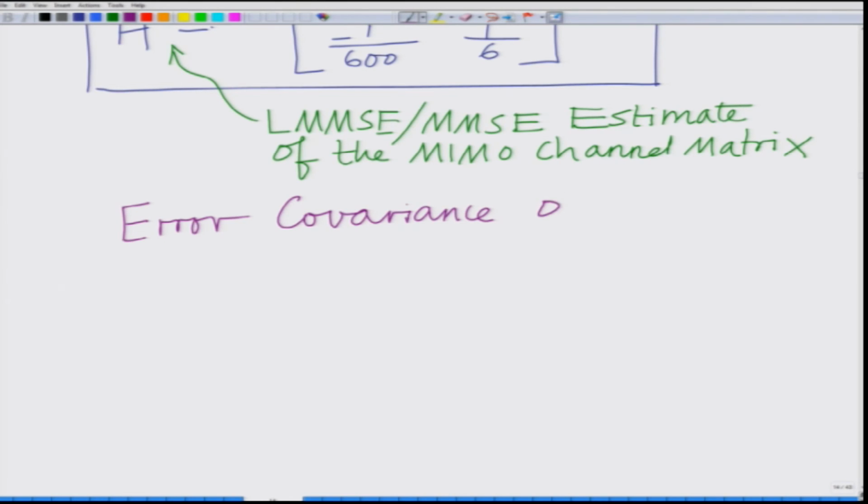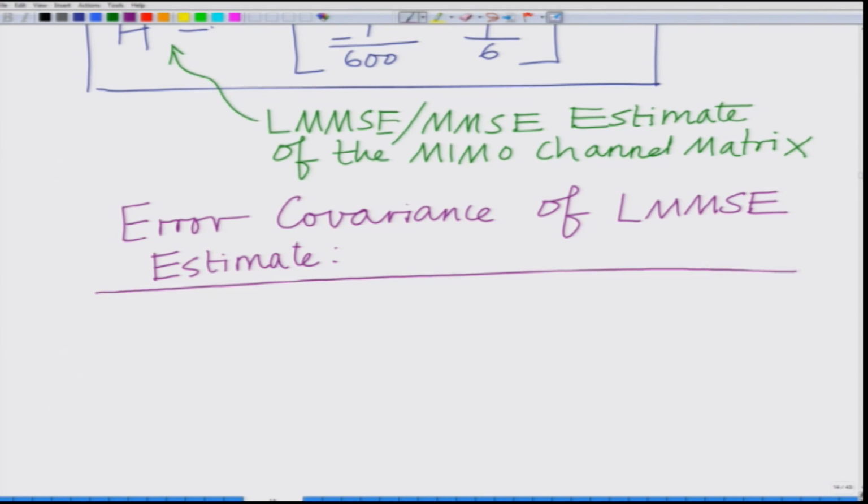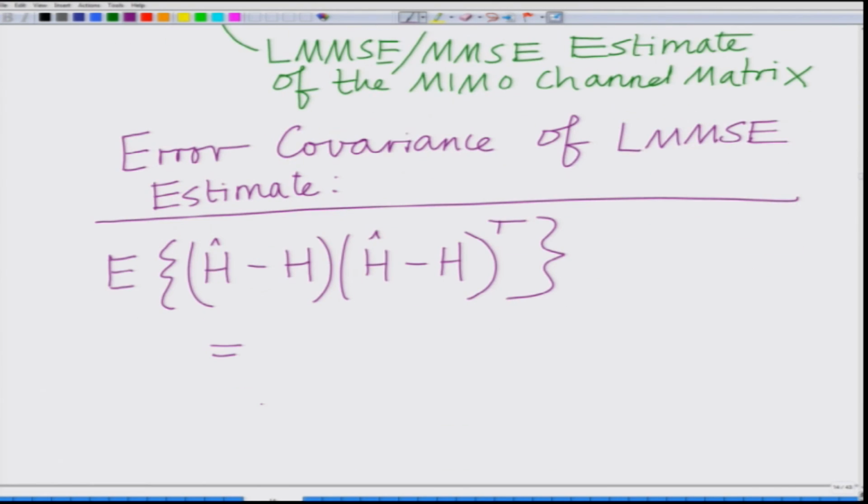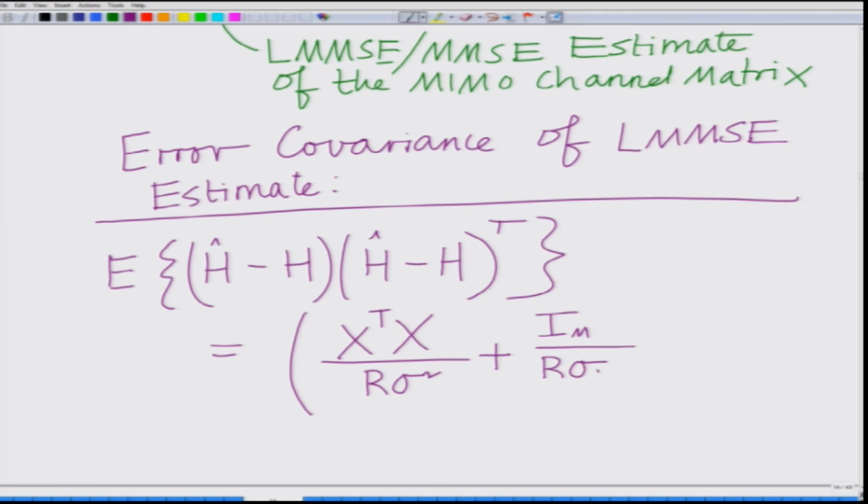Error covariance of your LMMSE estimate, that is the expected value of (H hat minus H)(H hat minus H) transpose, is equal to, and we have already computed this, (X transpose X divided by R sigma square plus I_M divided by R sigma_h square) inverse.